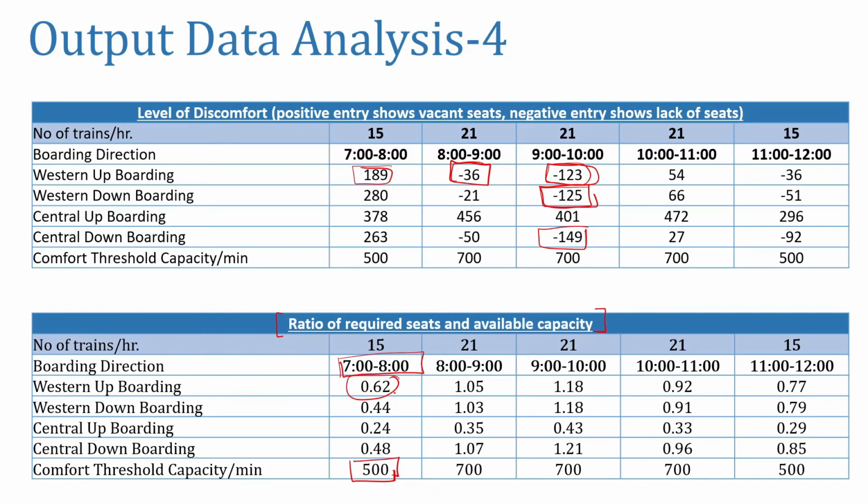Whenever a ratio is less than 1, there is no problem. So all these ratios are less than 1, so these regions lie in the comfort zone. But whenever this ratio is greater than 1, let's say here 1.07, 1.21 or 1.18, we can clearly see that the number of available seats is lesser compared to the required seats.